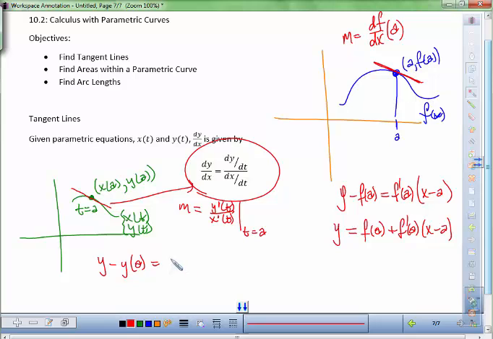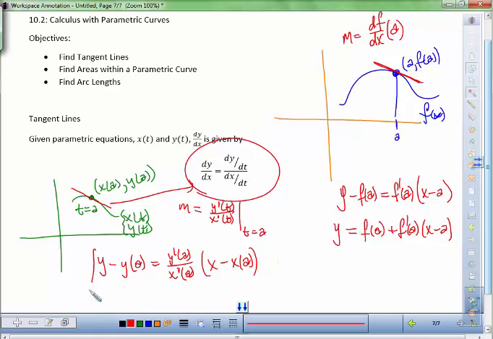So let's see if we could do an example after I write the equation. And all it is doing is a bunch of derivatives, two derivatives, one for the x and one for the y, and then putting in the values, whatever value you're given.